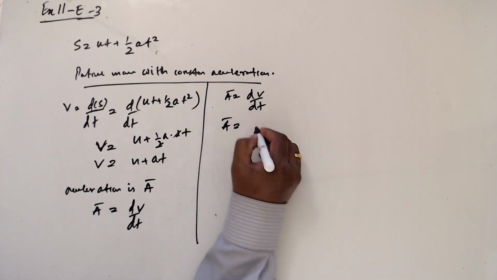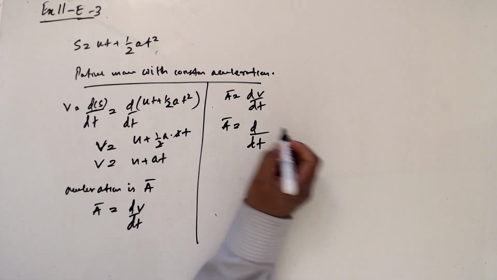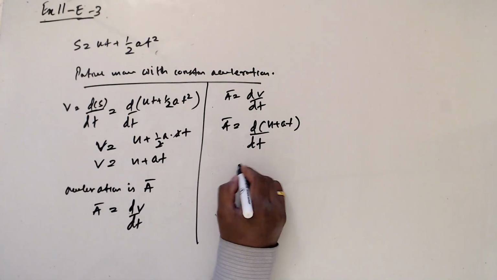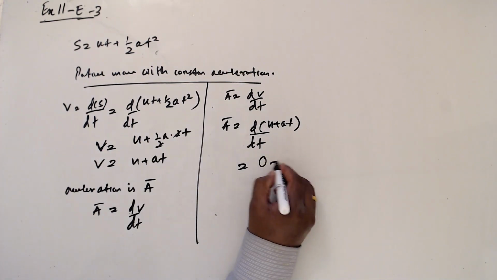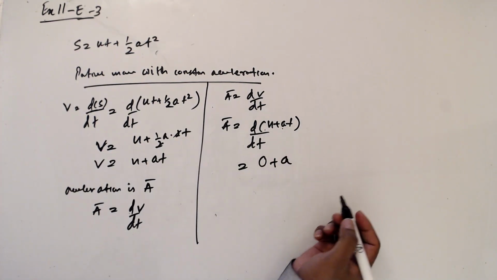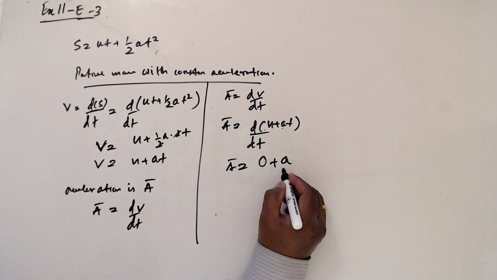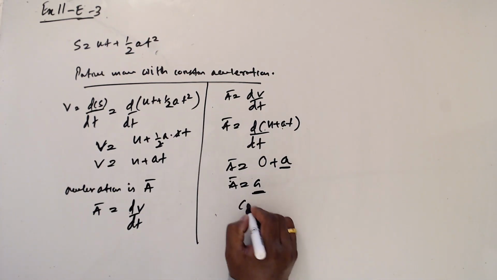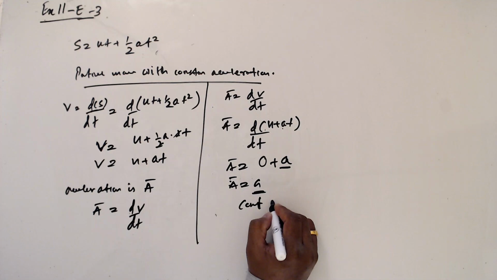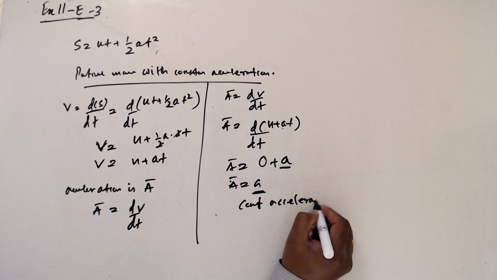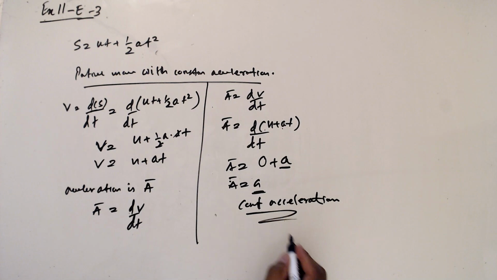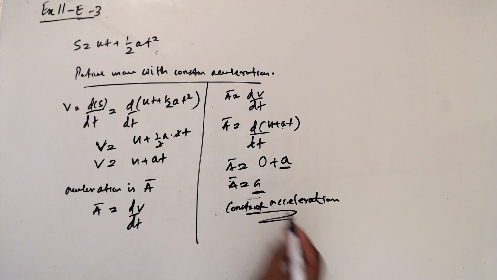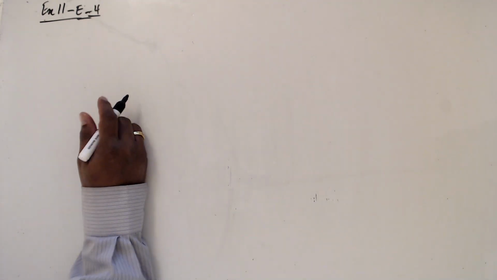So a bar equals d over dt of v, where v equals u plus at. When you differentiate u plus at, u becomes 0 and at becomes a. So a bar is a, which is a constant acceleration.